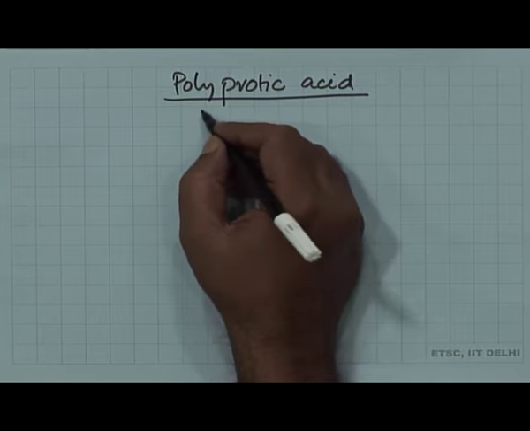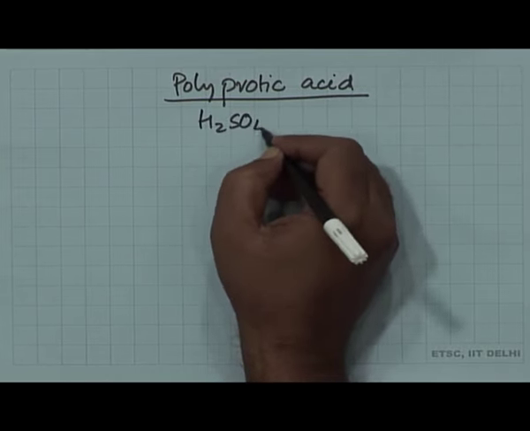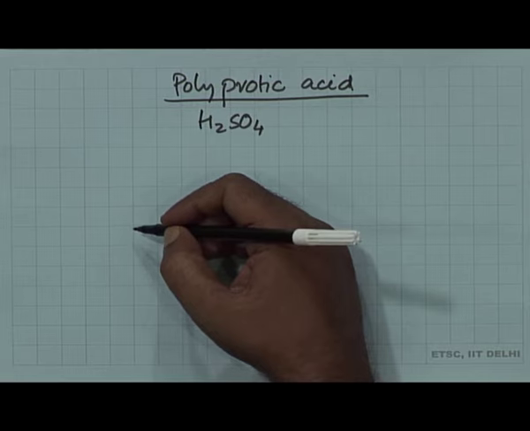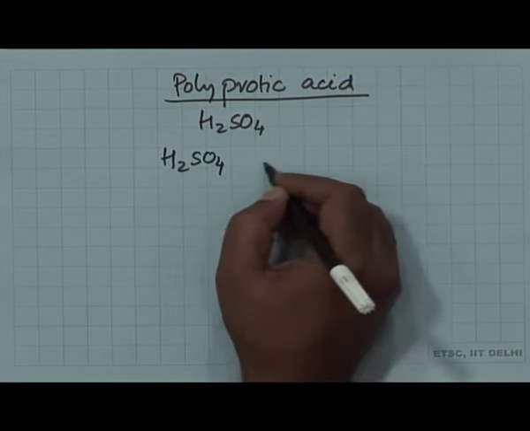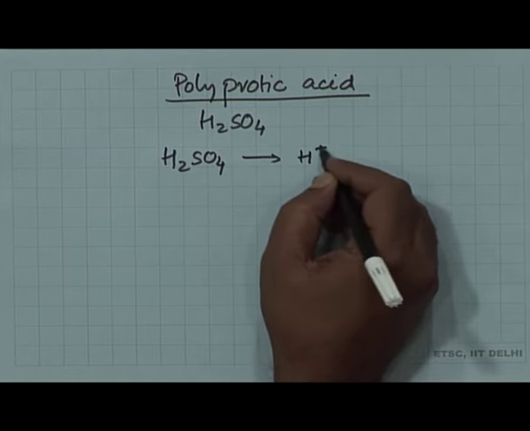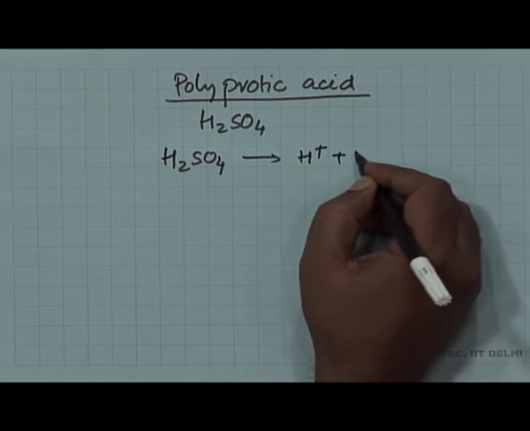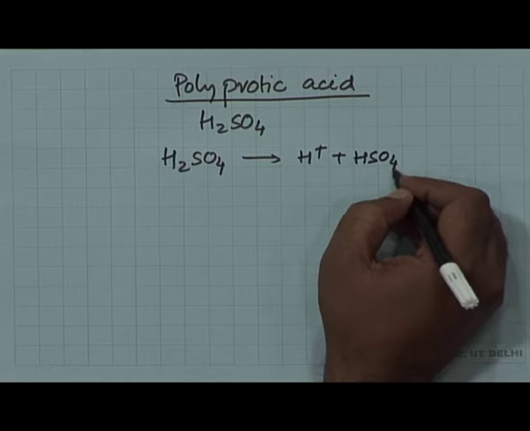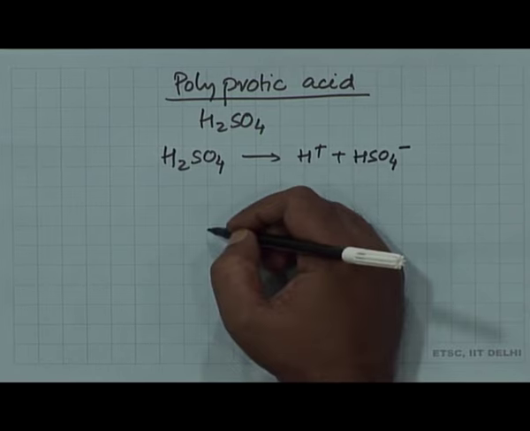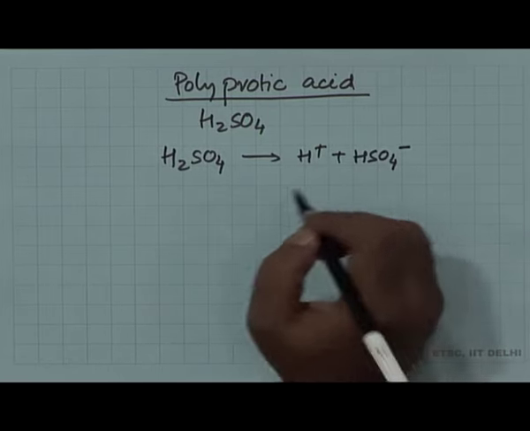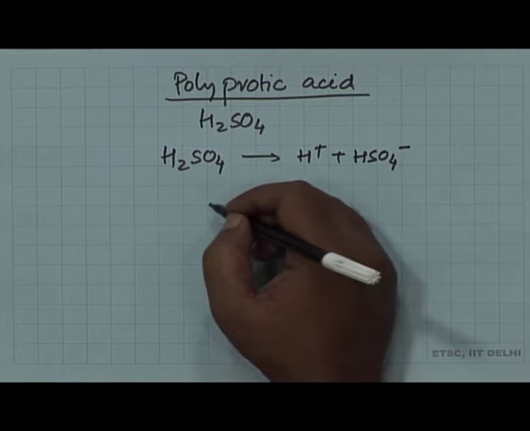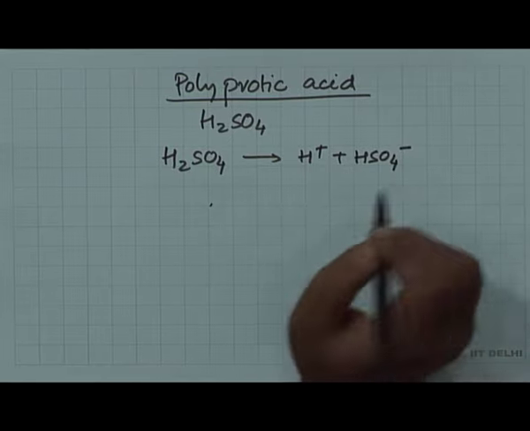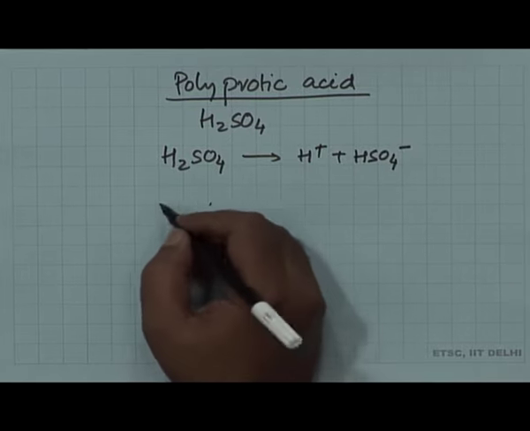For example, H2SO4. Now, this polyprotic acid, the first step can be very... So, first dissociation is almost irreversible, or K value will be very large.